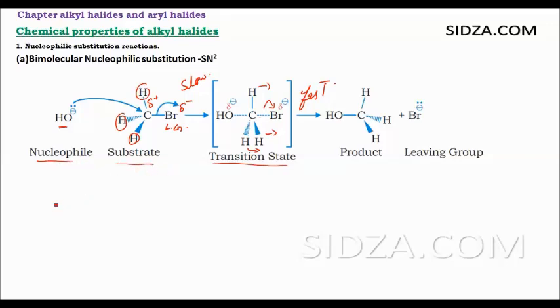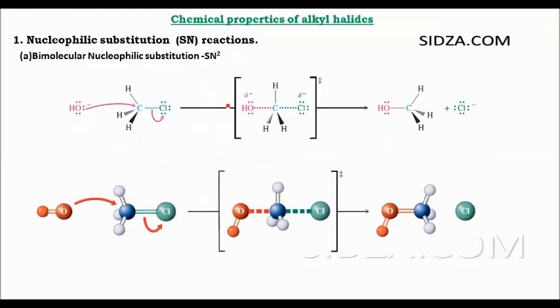Therefore, the rate of the reaction depends on the concentration of the nucleophile and also on the concentration of the substrate. There are two concentration terms, so we call it a bimolecular nucleophilic substitution. That's why this is called SN2.